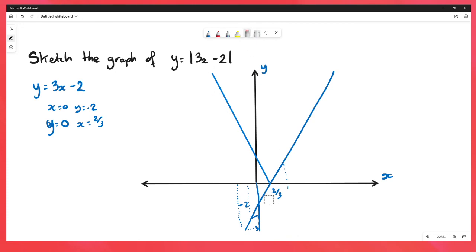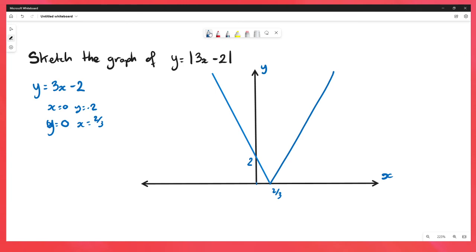The annoying thing about this is then you have to erase everything that was below the x-axis, because that's not actually part of the graph. It crossed the y-axis originally at minus 2. We make that a positive number, so that becomes 2. This is the graph of y equals modulus 3x minus 2.